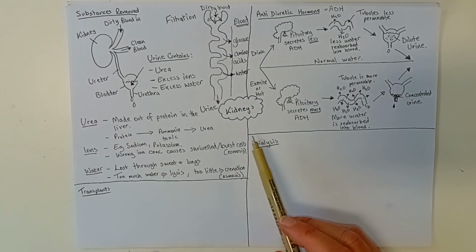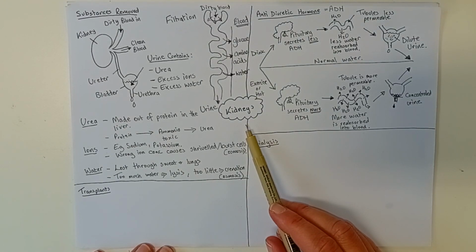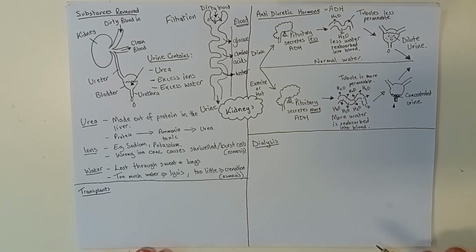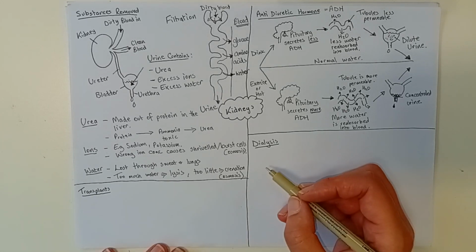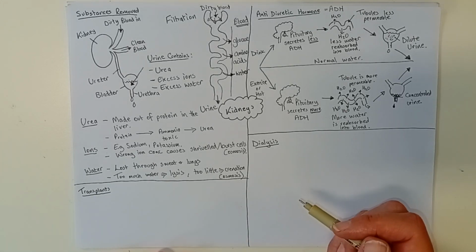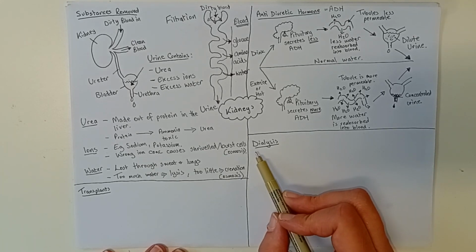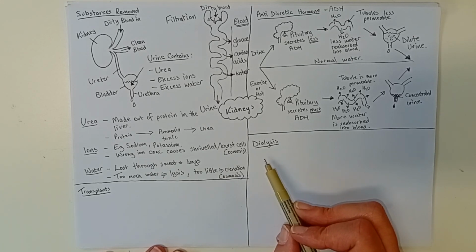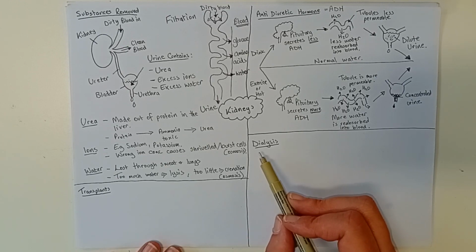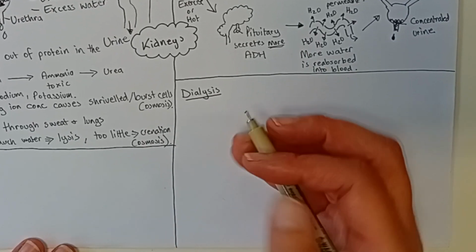So because the kidneys remove urea, which is toxic, and extra salt and extra water, it's incredibly important that it's sorted out quickly if they go wrong. Because as we've said, if you have too much water or too much salt in your blood, your cells are going to swell up and burst, and that includes the cells in your brain. So you need to treat it. One of the first things that happens then if somebody gets a kidney disease or kidney damage is they go on dialysis.